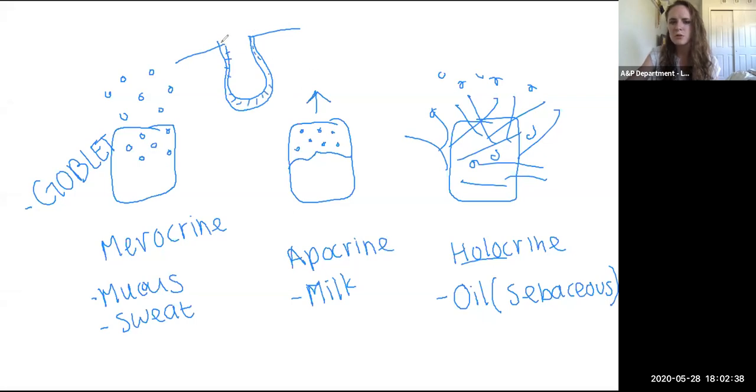Okay, so there's multiple cells secreting something into this duct or gland. Goblet cells would be like you have all one type of cell here, but this cell is a goblet cell. It's just standing by itself. It doesn't work with all of its other buddy cells. It's unicellular. It's by itself.